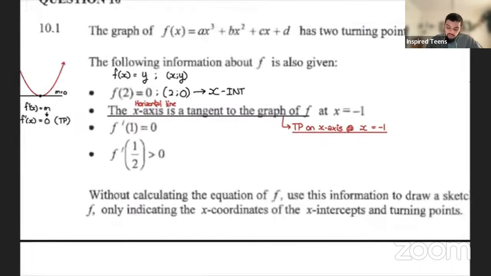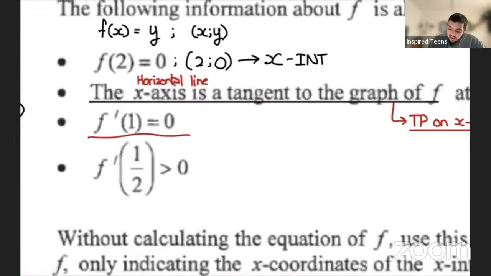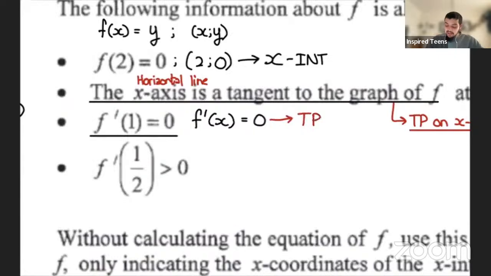Okay, so let's look at the next one. f prime 1 is equal to 0. What does this mean? Remember, when we have f prime x is equal to 0, this gives us what? This gives us a turning point. When the first derivative equals 0, that gives us a turning point at that specific x coordinate.